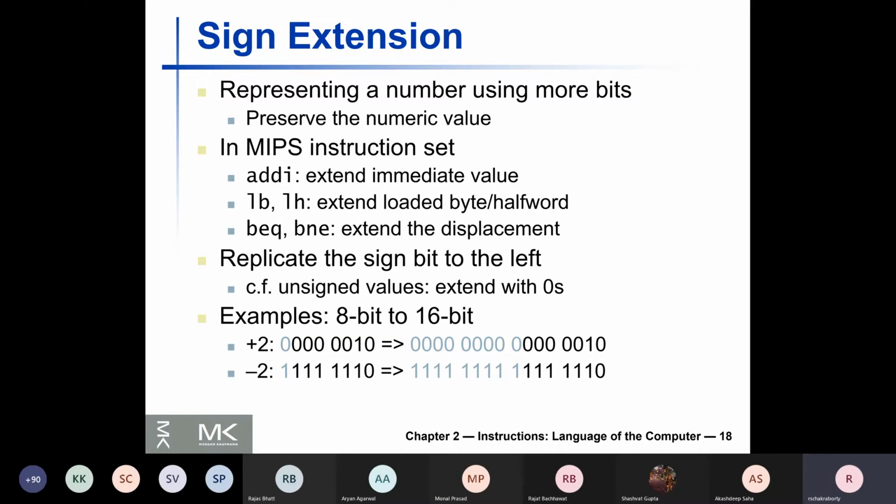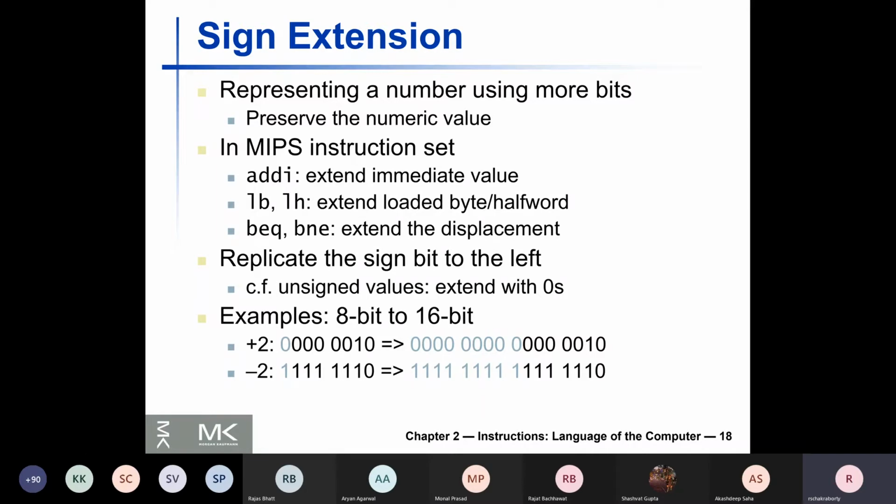You look at what was the leftmost bit of that 1 byte. If it is 1, the remaining 24 places you fill up with 1. If it is 0, you fill the remaining 24 places with 0. This might seem a little strange because, as we will find later, the LB and LH instructions are mostly used for string processing. So there this sign extension makes little sense.